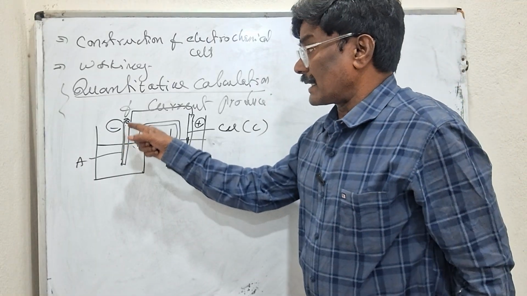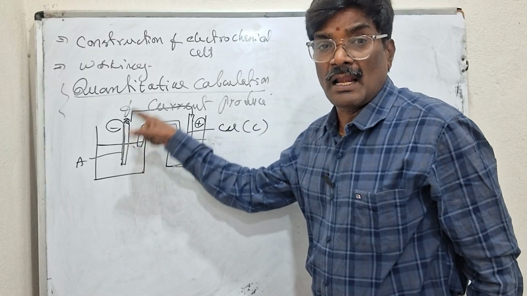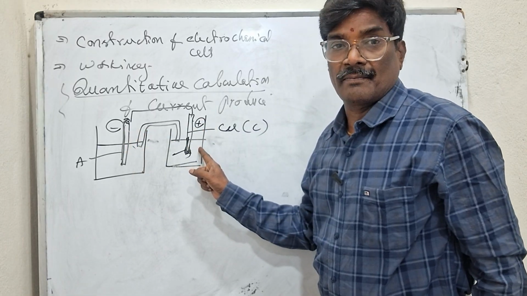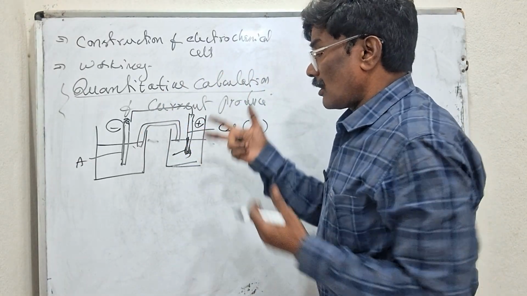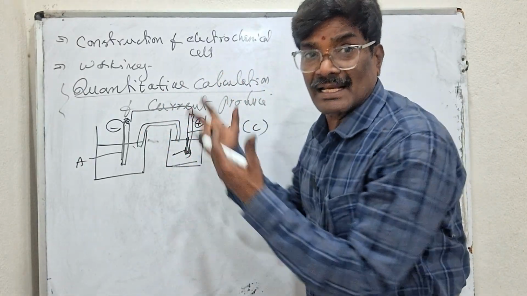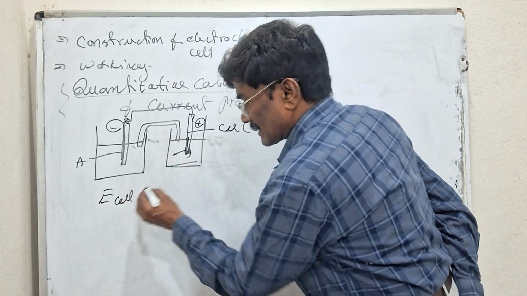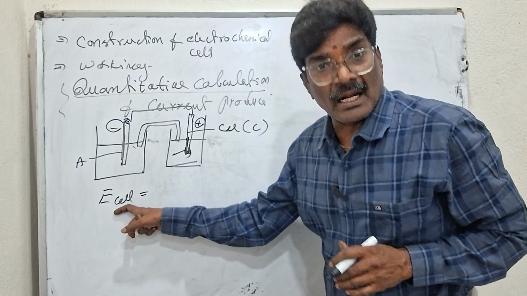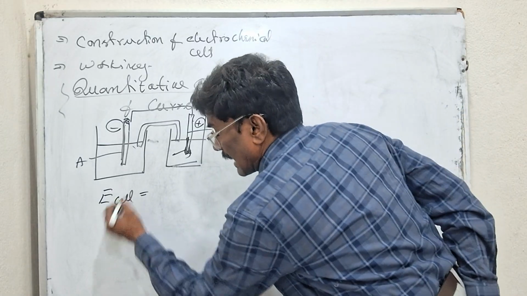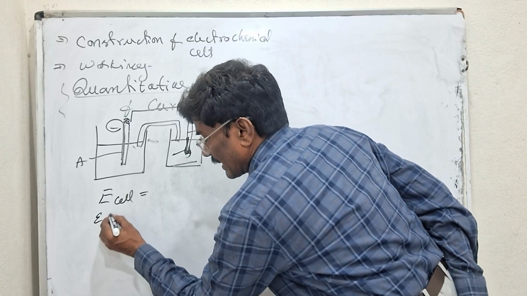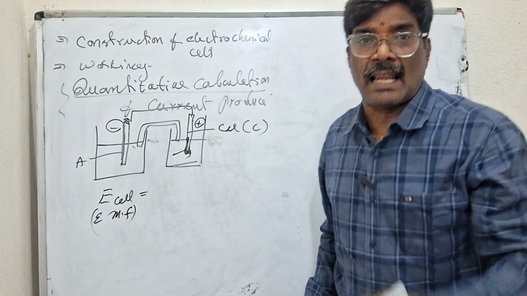So there is a negative electrode potential and a positive electrode potential on the right side, the cathode. Now, what is the potential of this cell? There is a formula. E of the cell means potential of the cell, but it is actually called EMF, the electromotive force of the cell.